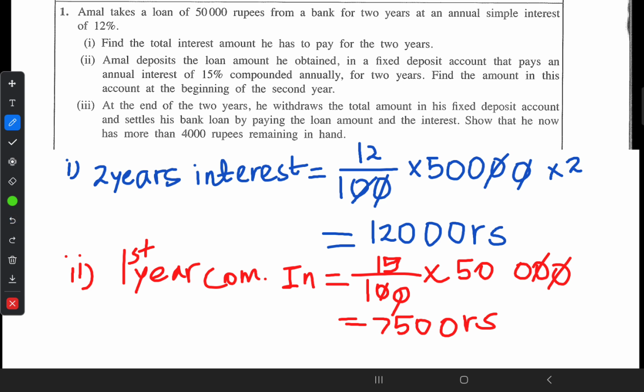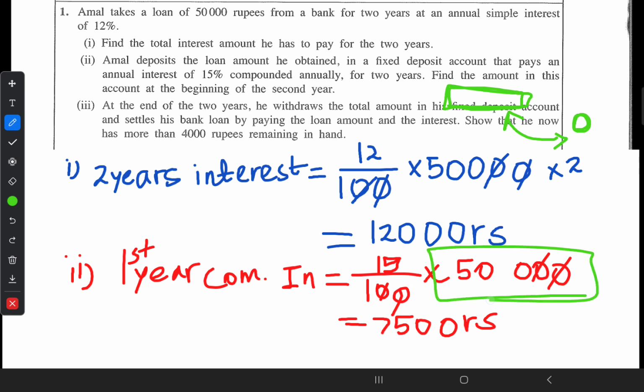At the beginning of the second year, along with his investment, there is a small amount of interest. So at the start of the second year, both together will be included while calculating the interest for the second year. In this account at the beginning of the second year, his investment was already 50,000 rupees.